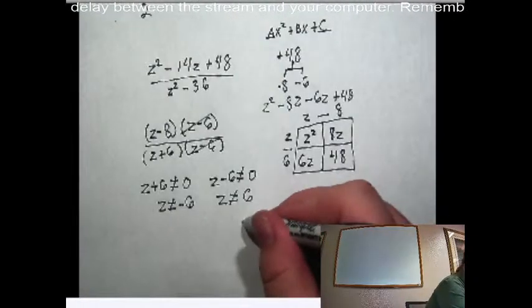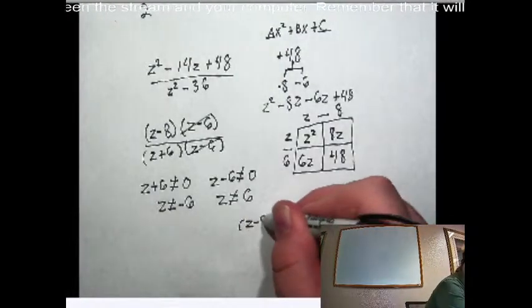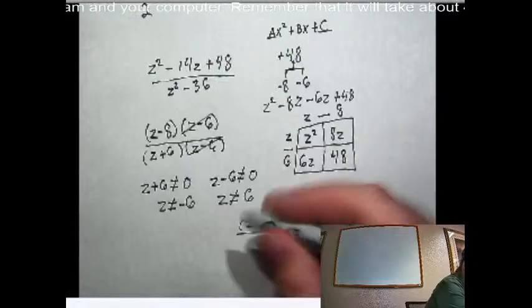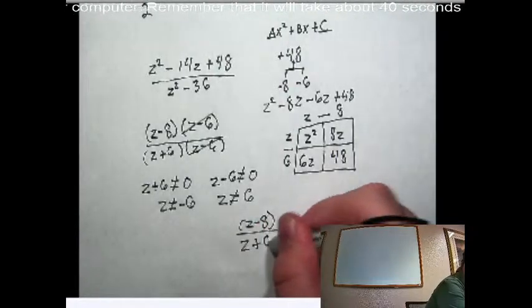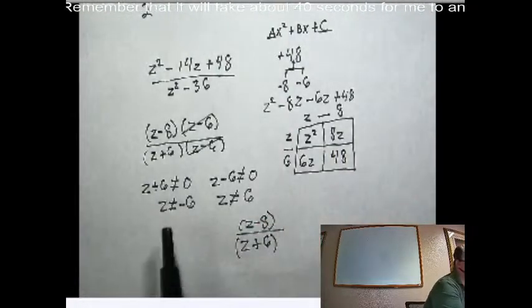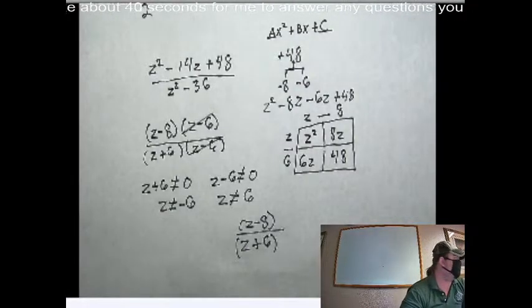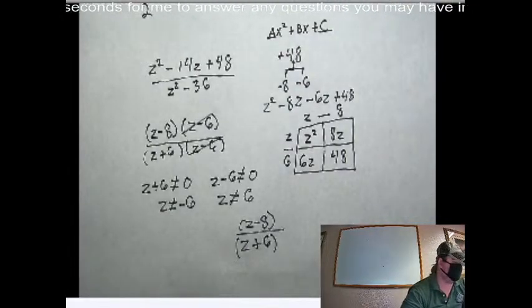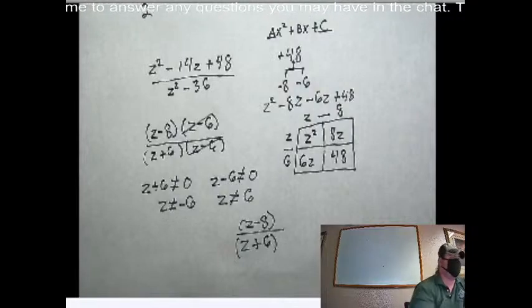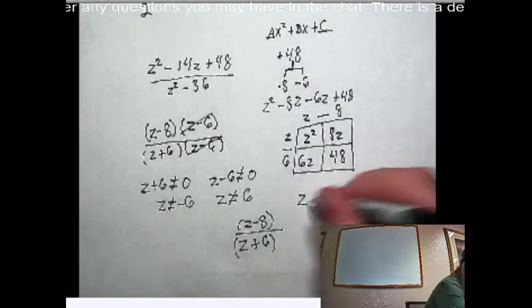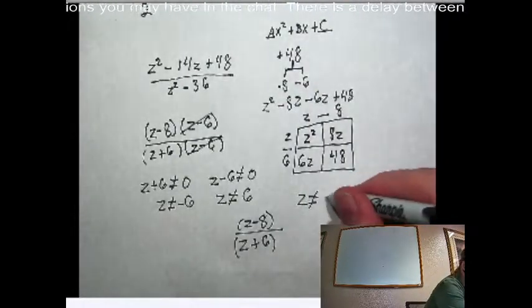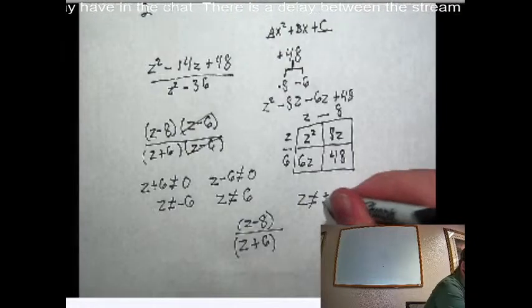So our final answer is z minus 8 over z plus 6, where we cannot have negative 6 or 6 for z. We would basically say z cannot be equal to plus or minus 6.